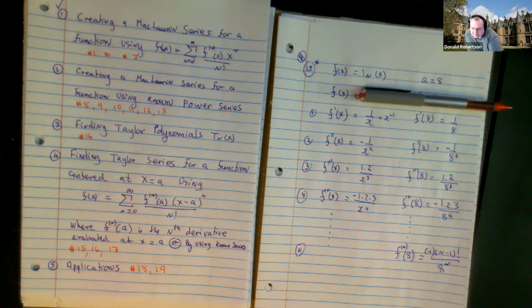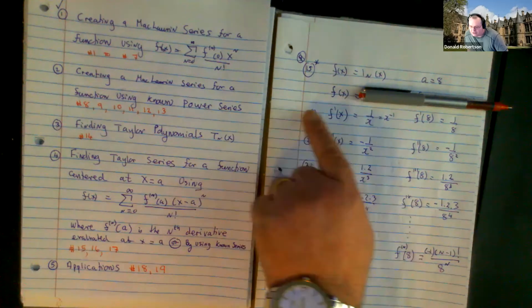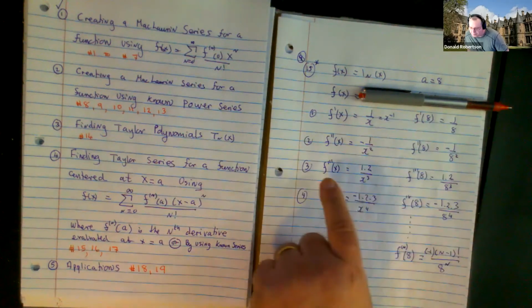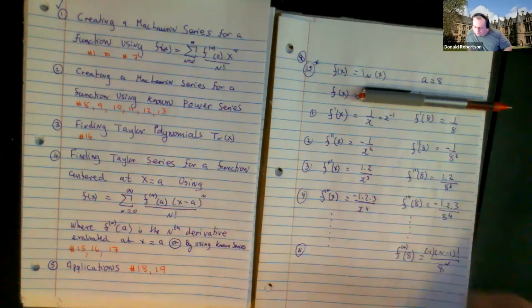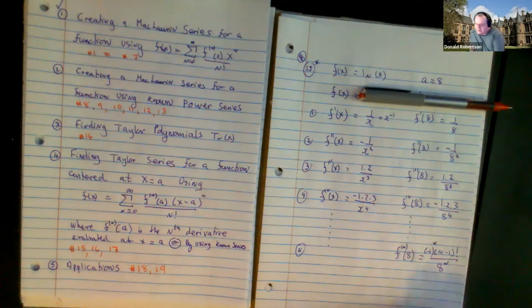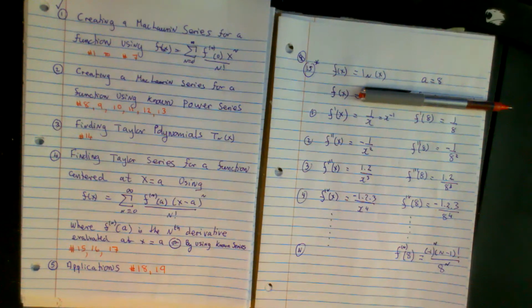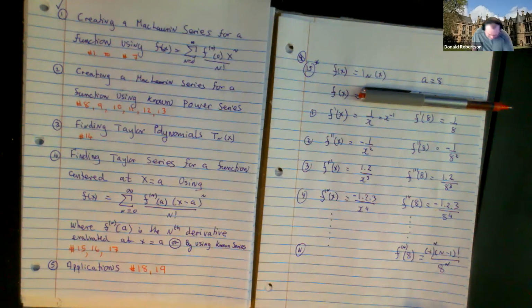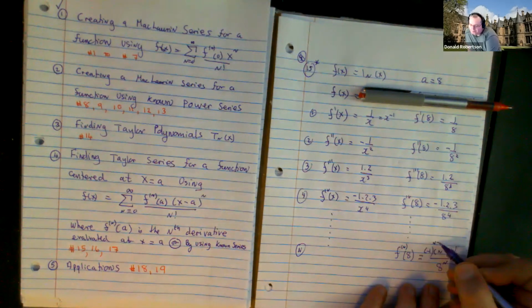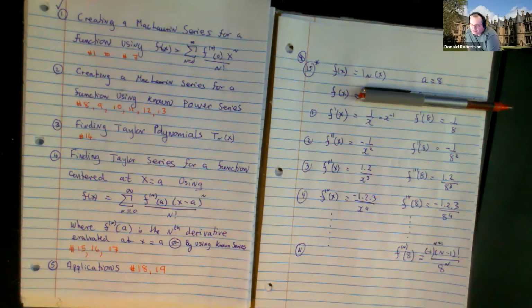Looking at the pattern here, 1 gets you a positive answer, 2 gets you a negative answer, 3 gets you a positive answer, and so on and so forth. Is that going to be -1 to the n or -1 to the n plus 1? Those are your choices. I'm going with n plus 1 because I like n plus 1.